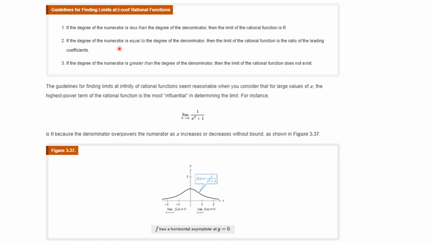And if the degree of the numerator is equal to the degree of the denominator, then the limit of the rational function is the ratio of the leading coefficients. So you can apply that, for example, to the function 1 over x squared plus 1, and you realize, oh yeah, this goes to 0, and it's almost a bell-shaped curve. And so you have a horizontal asymptote here at y equals 0.